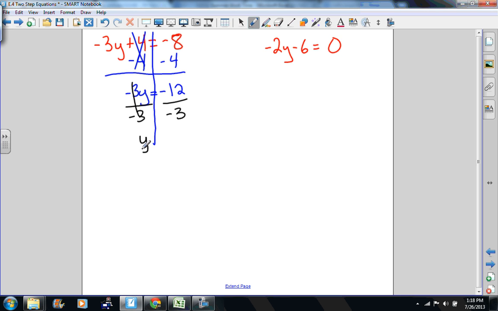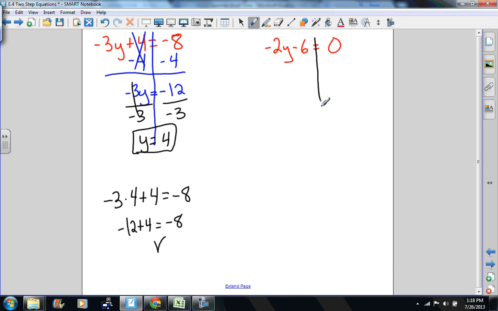And so we're left with y equals +4. To check our answer, we go -3 times 4 plus 4 equals -8. So this becomes -12 plus 4. And that does equal -8, so we are correct.